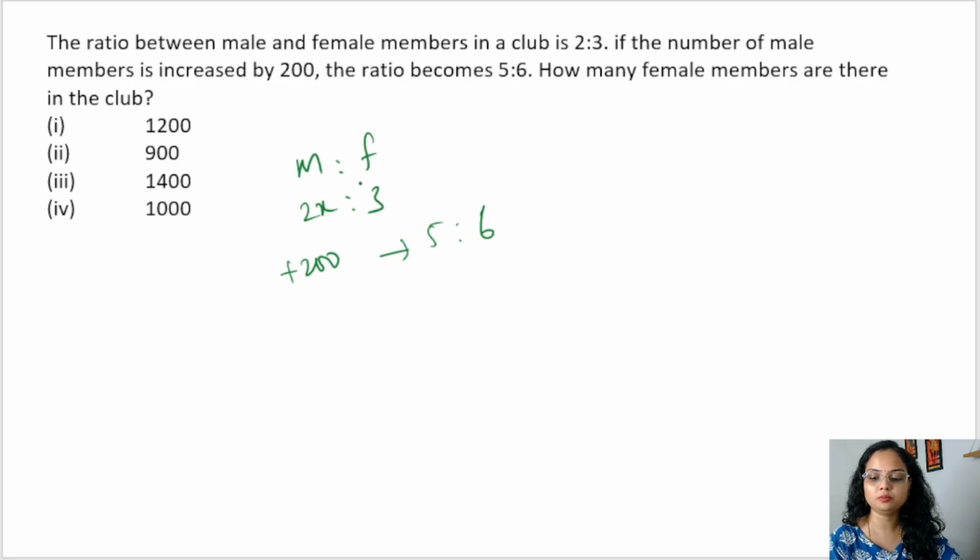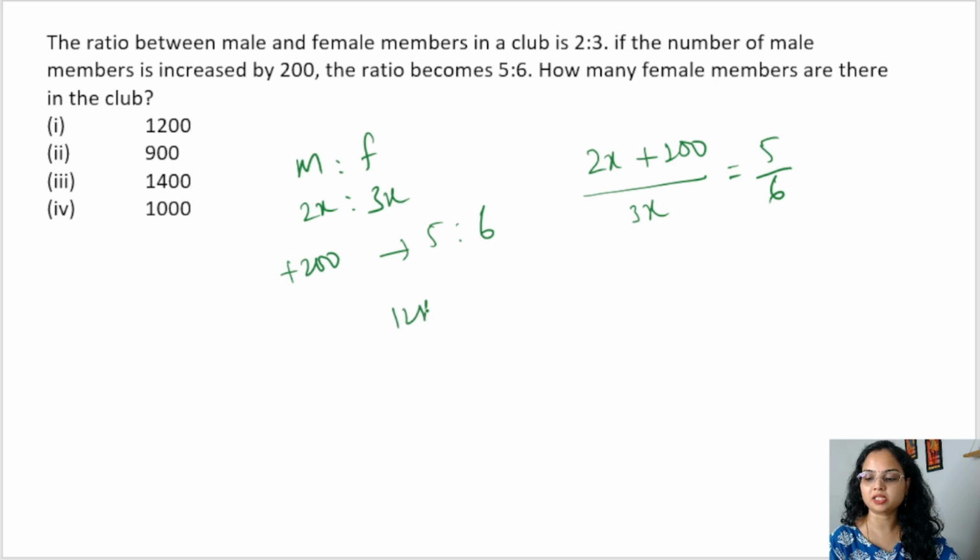So we will assume male members as 2x and female members as 3x. Now what is the second condition? It is 2x plus 200. If the male members are increased by 200 and nothing is given about female members, so it is 3x. Then the ratio becomes 5 is to 6.